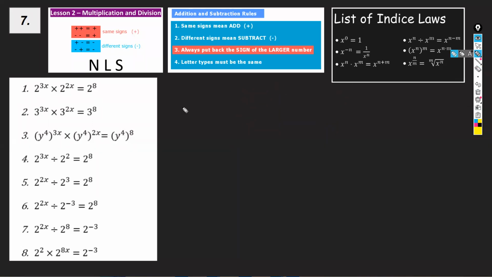Let's do part number 1. You have 2 to the power 3x multiply, keyword multiply, keep your eye on this rule here, multiply by 2 to the power 2x is equal to 2 to the power 8. This is like the picture with the 2 men and 1 man on the other side. Here you have 2 people and here you have 1 person.